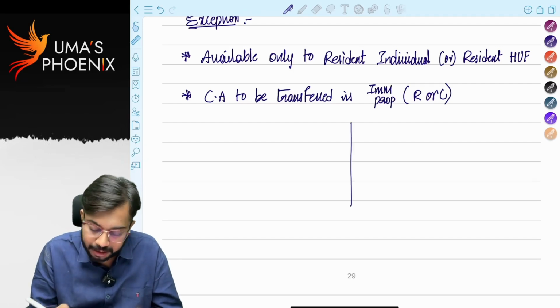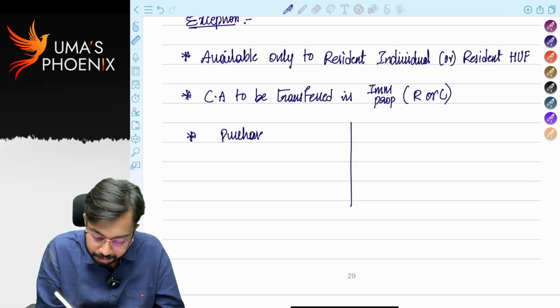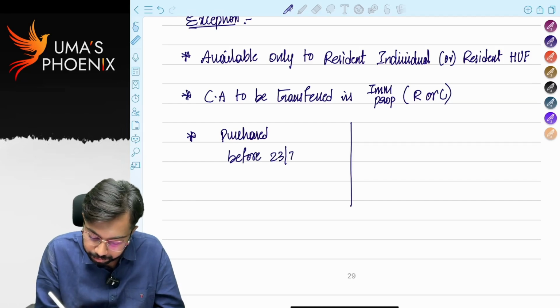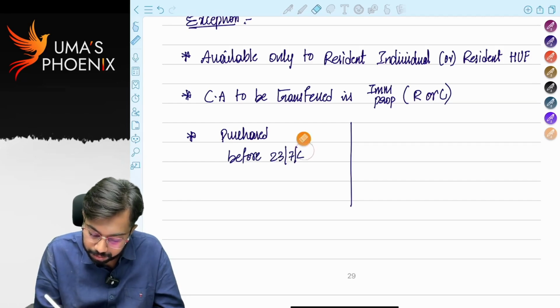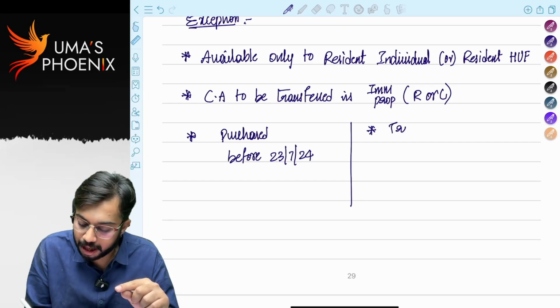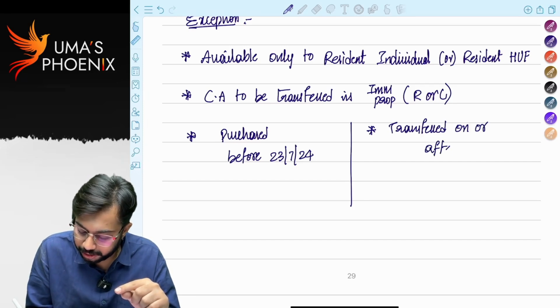When should it be purchased? It should be purchased before 23rd July 24. When should it be transferred? It should be transferred on or after 23rd July 2024.